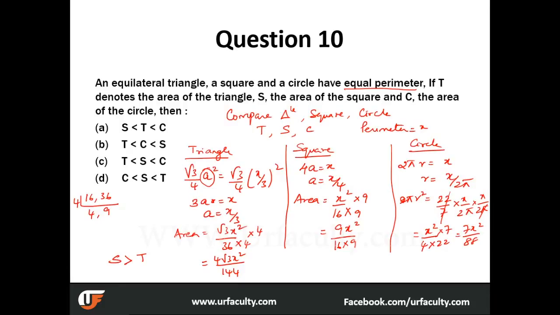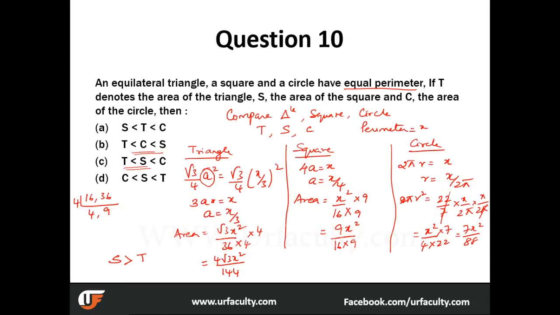So let's see the options where S is greater than T. We see 1 over here, 1 over here. That's it. So these are two options that we need to look at where S is greater than T. So one thing that we can check now is they are saying C is greater than S, and here S is greater than C. So one thing that we need to compare is now circle and square.